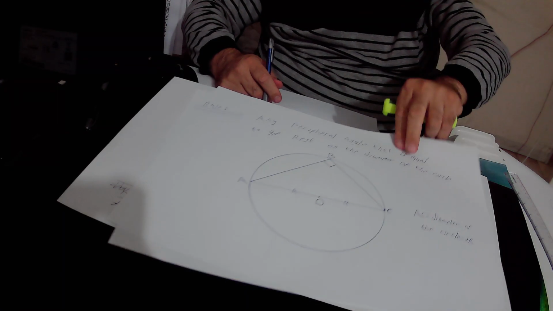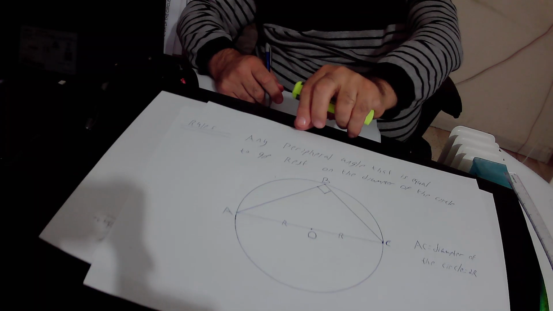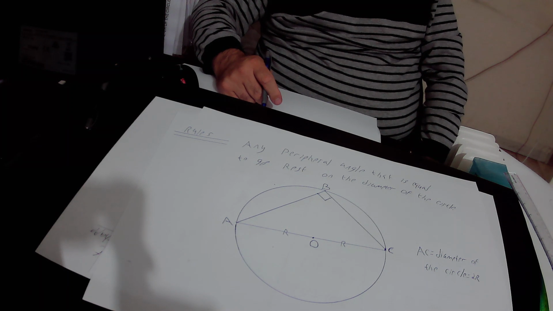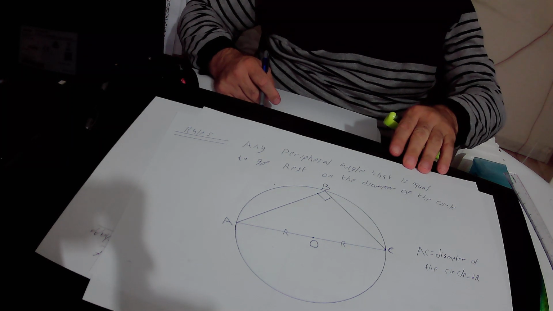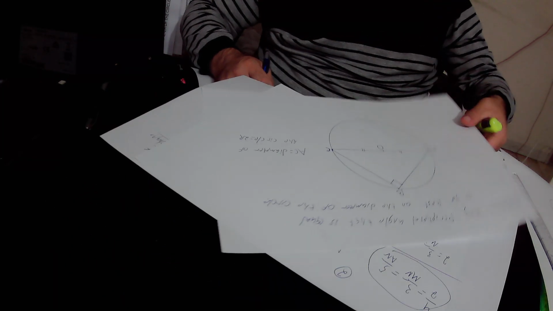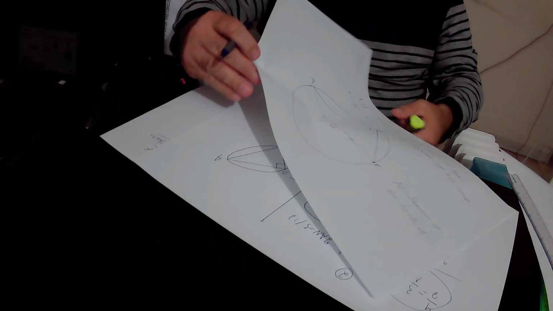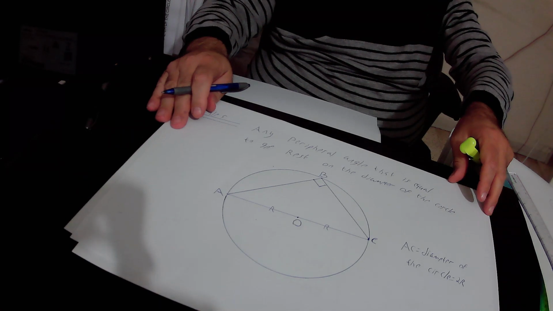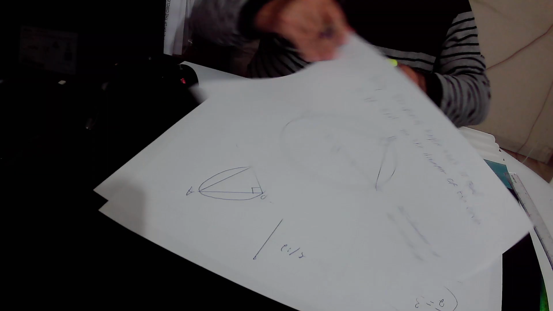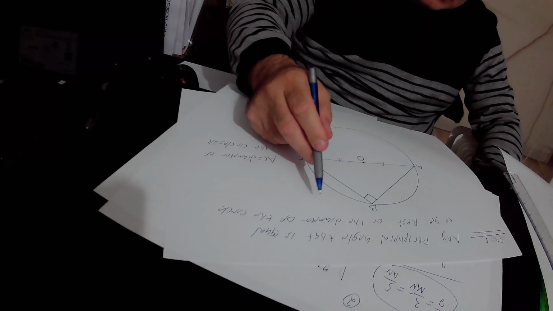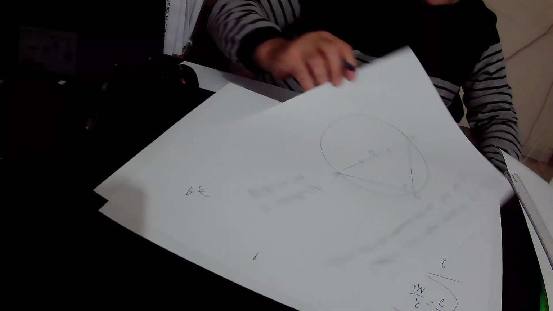And we have rule number 5. According to rule number 5, any peripheral angle that is equal to 90 degrees rests on the diameter of the circle.